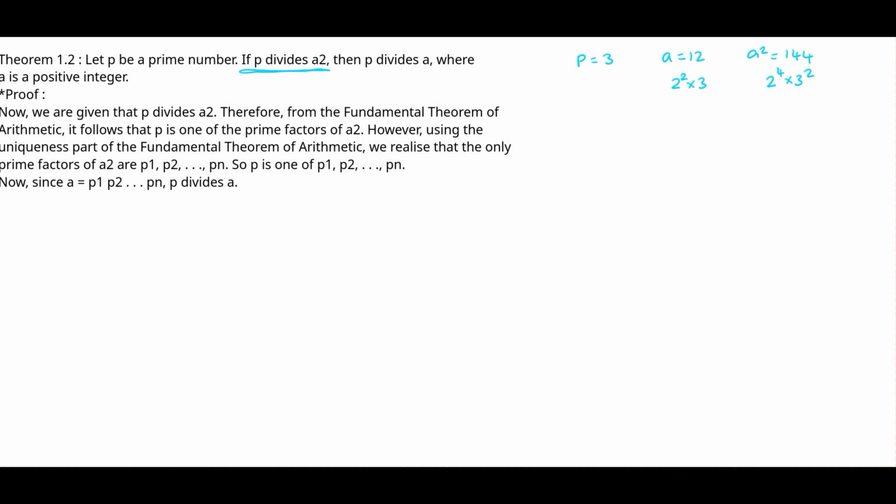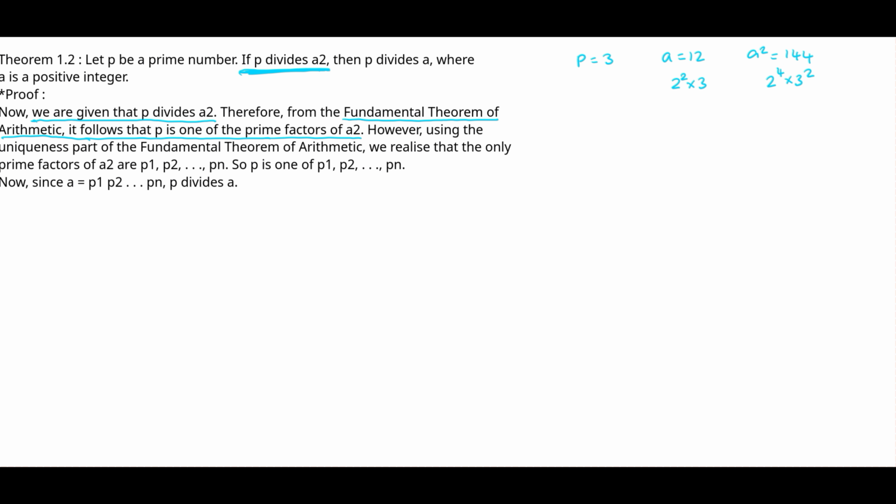Okay, now they say if p divides a square, then by the fundamental theorem of arithmetic, it follows that p is one of the prime factors of a square. What is the meaning of that?